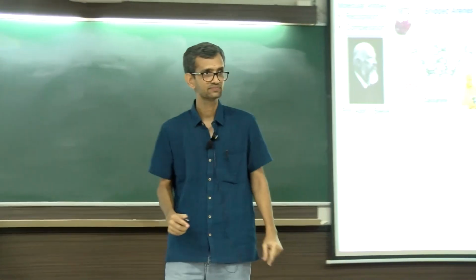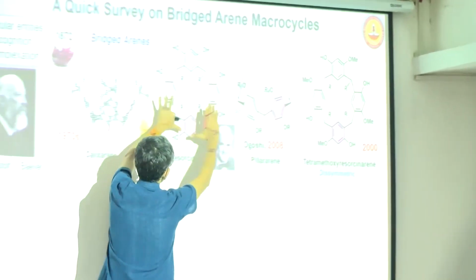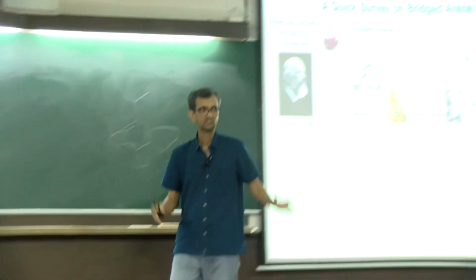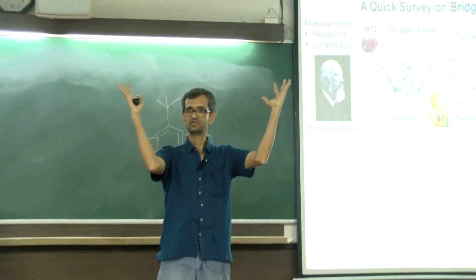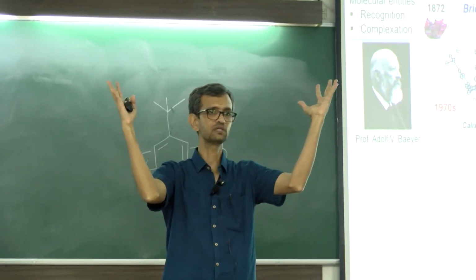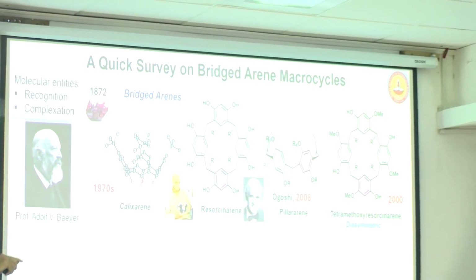Can you visualize that? This is drawn like this. You have to flip it and view it that way. So you have the hydroxy groups on top. How many hydrogen bonds are possible? 1, 2, 3, 4.